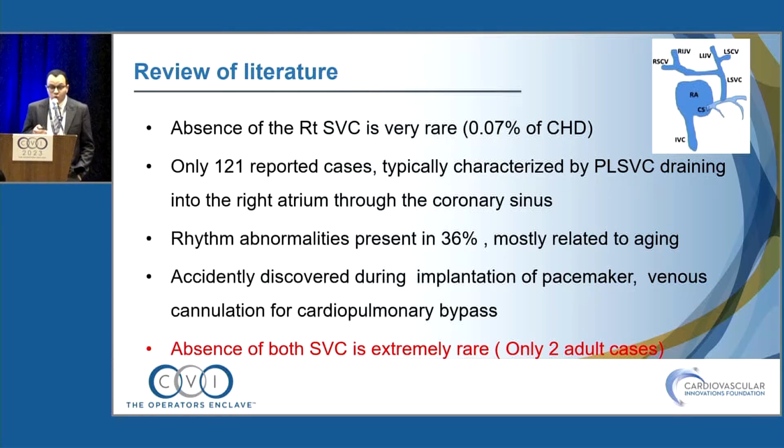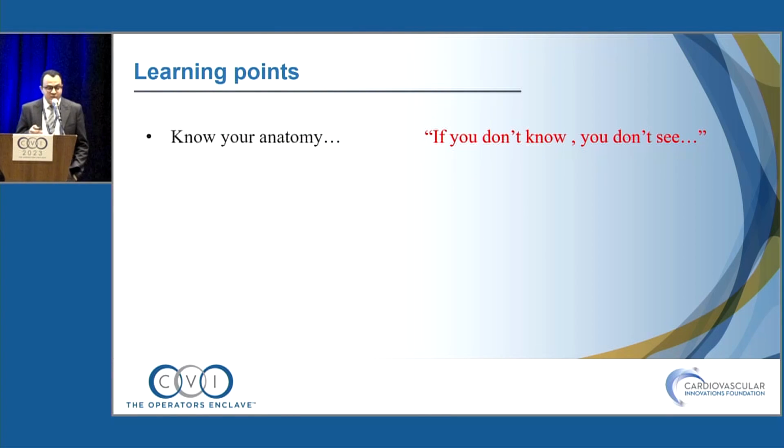But absent both superior vena cava is extremely rare, with only 2 reported adult cases, and this one is the third case. So, although this is not a pure or true interventional peripheral case, we have some lessons from this case.